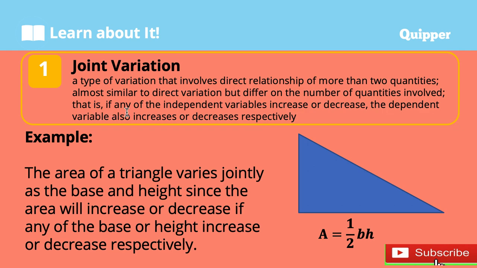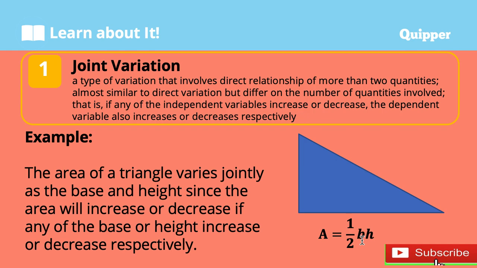That is, if any of the independent variables increase or decrease, the dependent variable also increases or decreases respectively. For example, the area of a triangle varies jointly as the base and the height, since the area will increase or decrease if any of the base or height increase or decrease respectively.